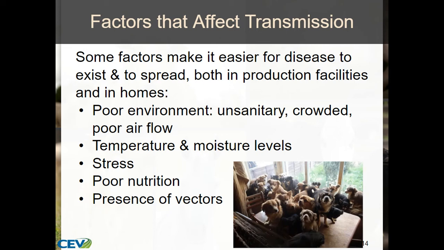Stress is one that's going to make it not easier for the disease itself to transmit, but easier for the animal's immune system or their body to not be able to fight it off. Okay, the more stress an animal is placed under, environmental stress, nutritional stress, etc., the easier it is for their body to get overwhelmed by a pathogen and for them to get sick.